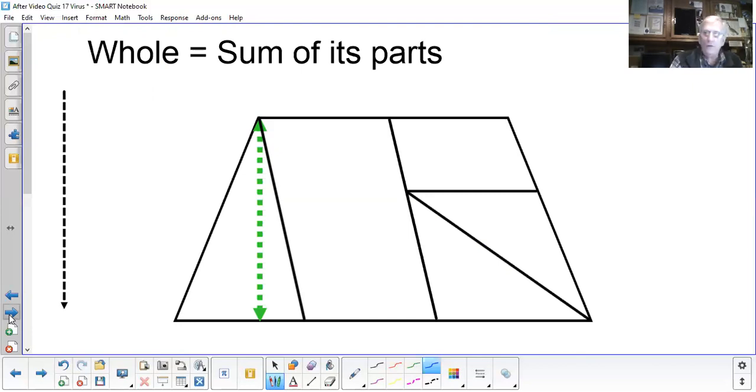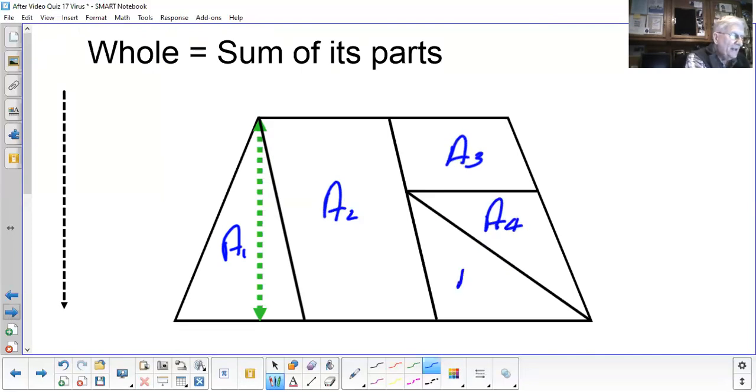And I'm going to call these parts A1, A2, A3, A4, and A5. There are 5 different pieces here that have areas. If I wanted the area of this figure, and if I knew the area of those 5 pieces, couldn't I just add them together, the areas of the 5 pieces, and wouldn't they give me the area of the entire figure? Well, yes, they would.